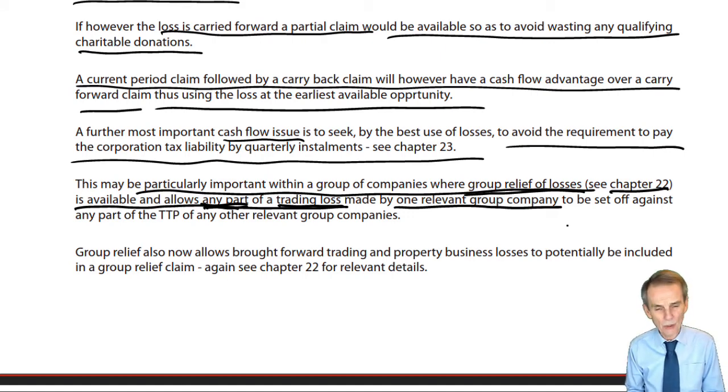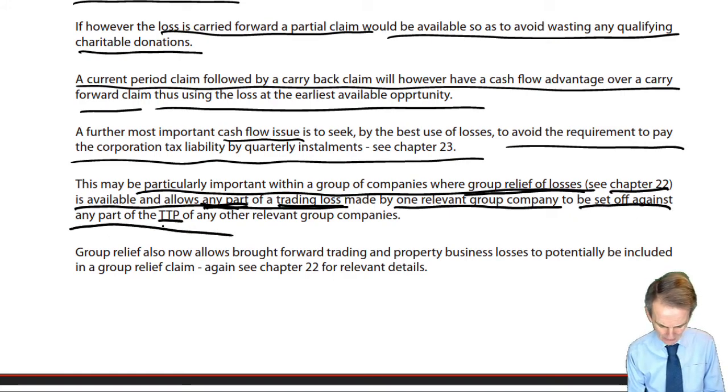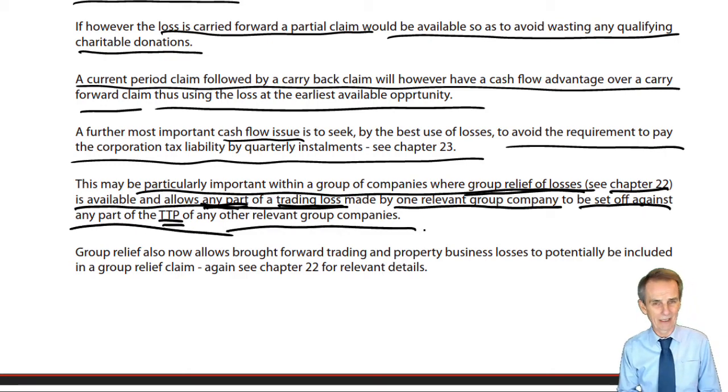And we can use any part of the loss-making company's trading loss and set it off against any part of the TTP, so not now total profit, but taxable total profit, of any other relevant group companies.